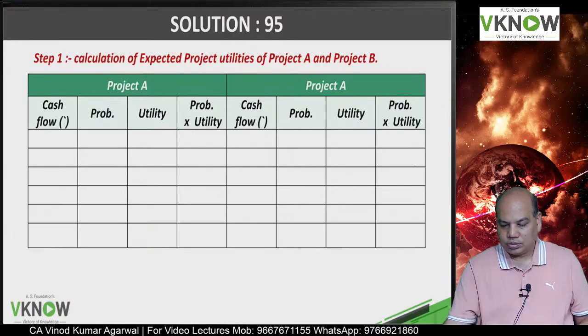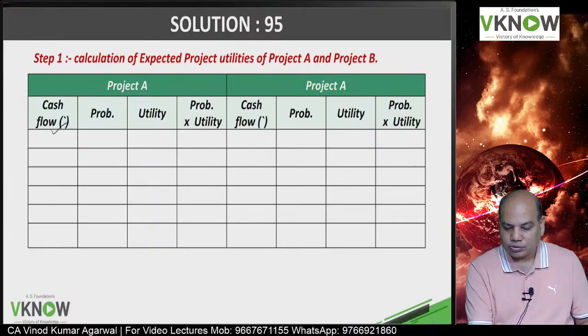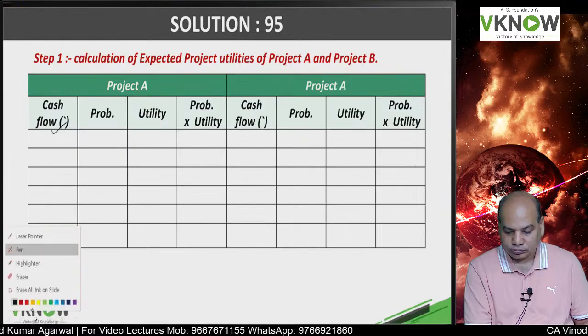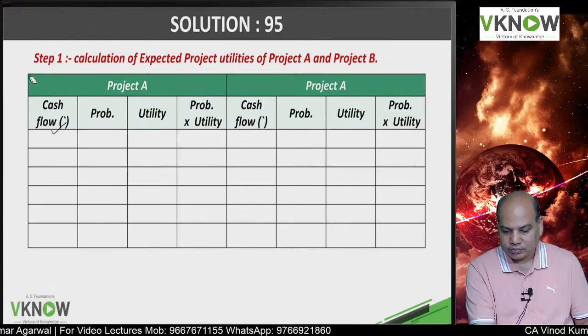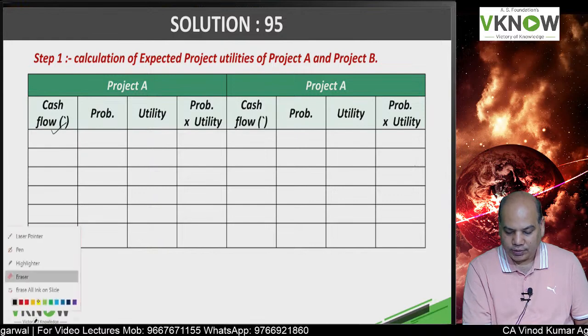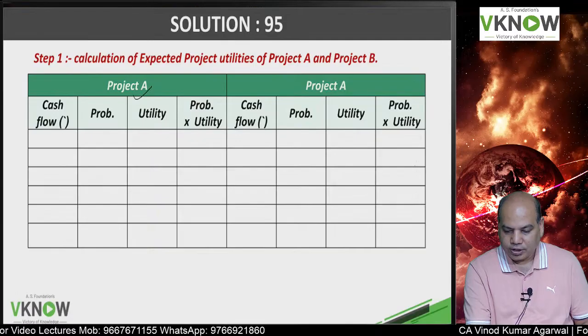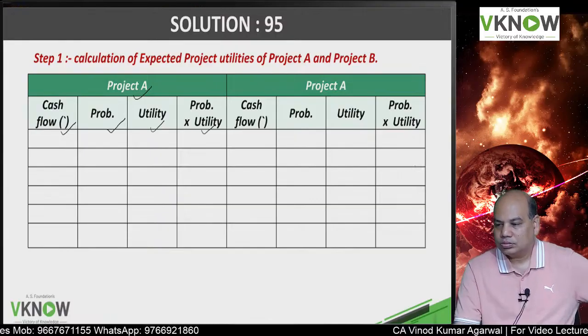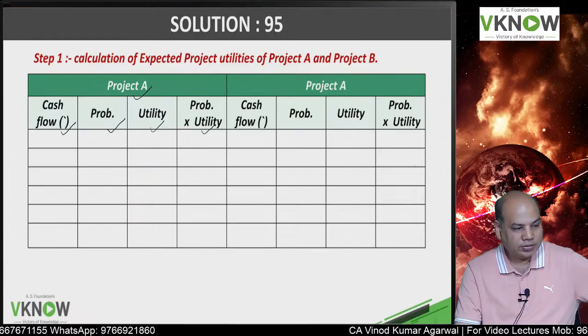So what I'll do, they have given us cash flow. Write down first the format, project A. Under project A, we have 4 columns: cash flow, probability, utility, probability into utility.